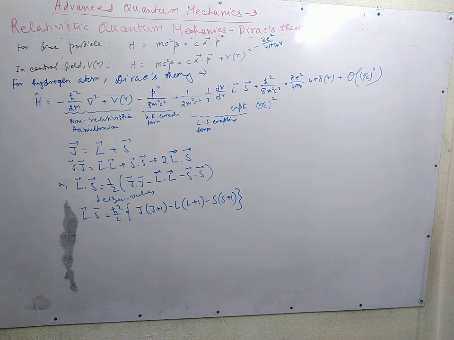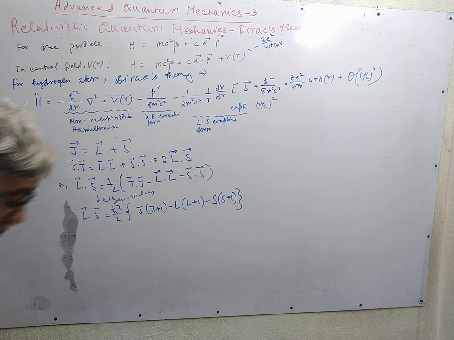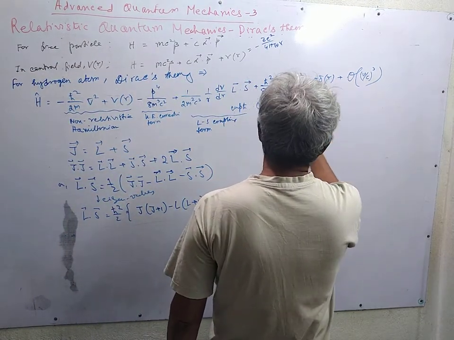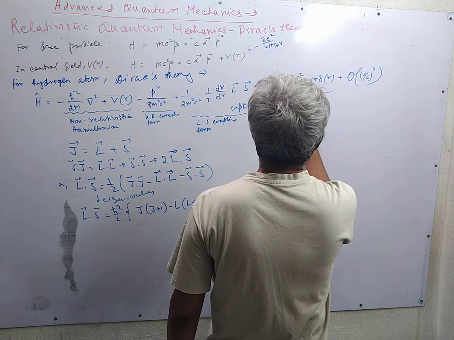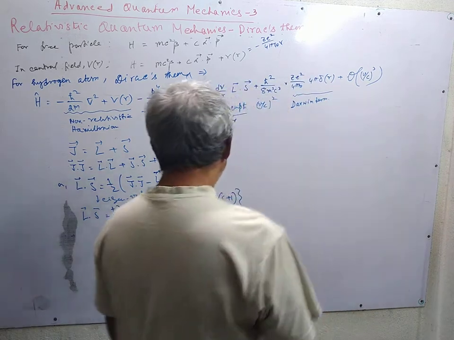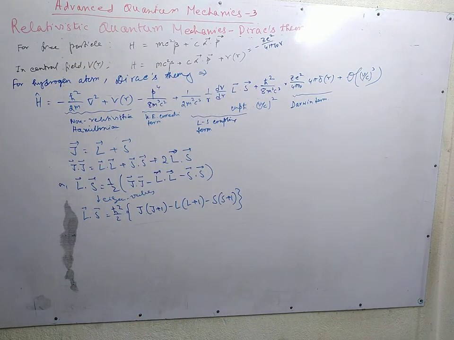This is the LS coupling term, and I will show you that this is not 0, and it gives rise to a contribution in the spin term. This last term is known as the Darwin term. This was originally a non-Hermitian term, then we generally make it Hermitian, and finally this is the form.